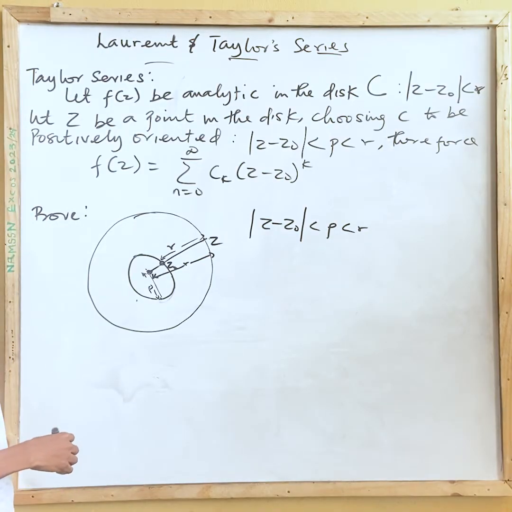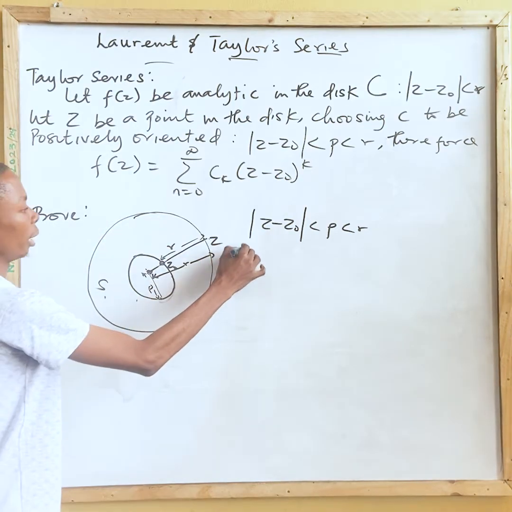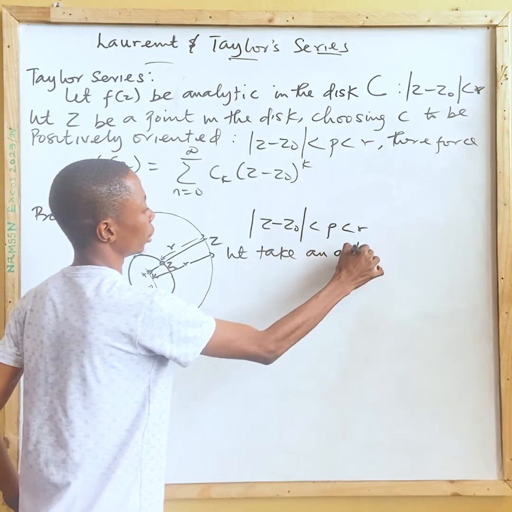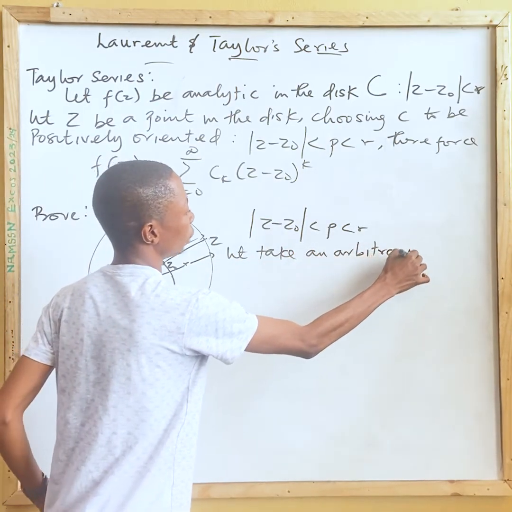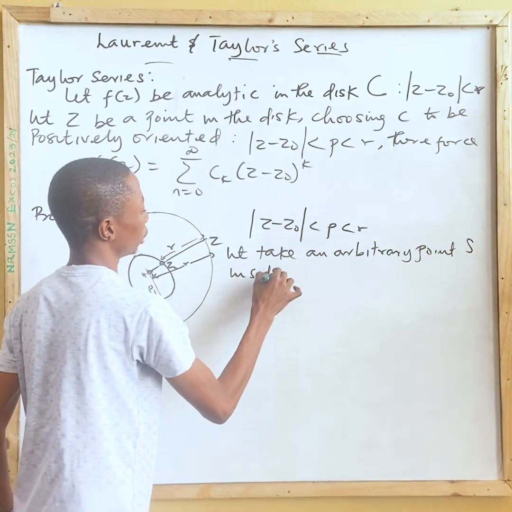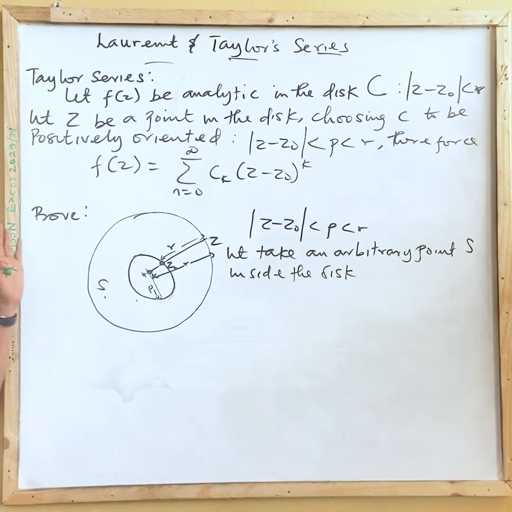So what do we want to use it to do? Now let's take any arbitrary point s inside this disk. In our previous video, we used a loop for Cauchy. So here we are using a disk.